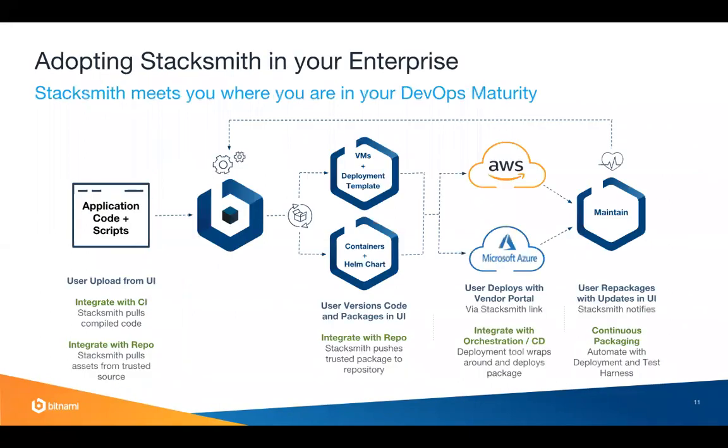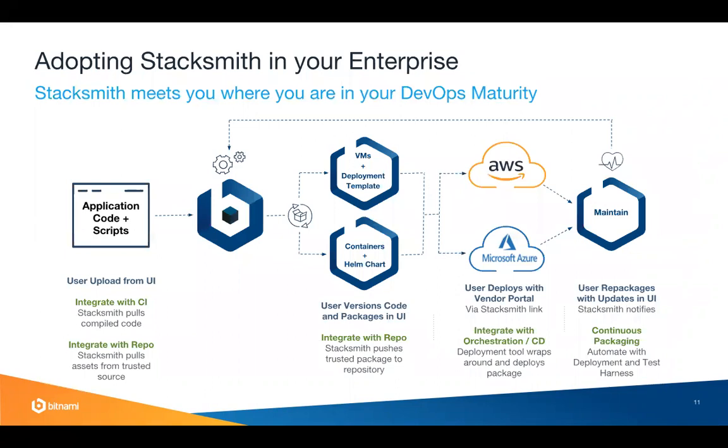As you look to adopt Stacksmith in your enterprise, Stacksmith will meet you where you are in your DevOps and process maturity model. If you have no automation tooling in place as you're beginning your cloud transition, Stacksmith provides a very comprehensive UI to go in and run this type of packaging process. We'll help you learn some of these DevOps best practices along the way.